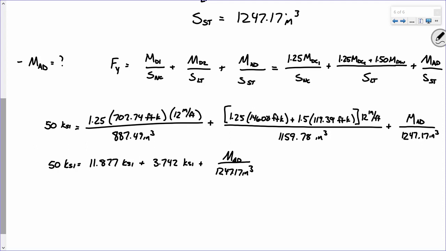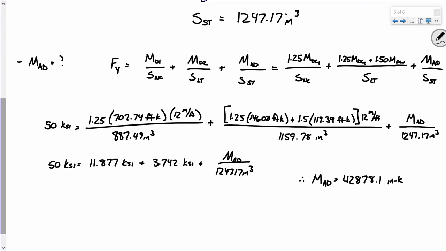Now, can I just say over here on the side what MAD equals? I propose that it equals the following: 42,878.1 inch kips.